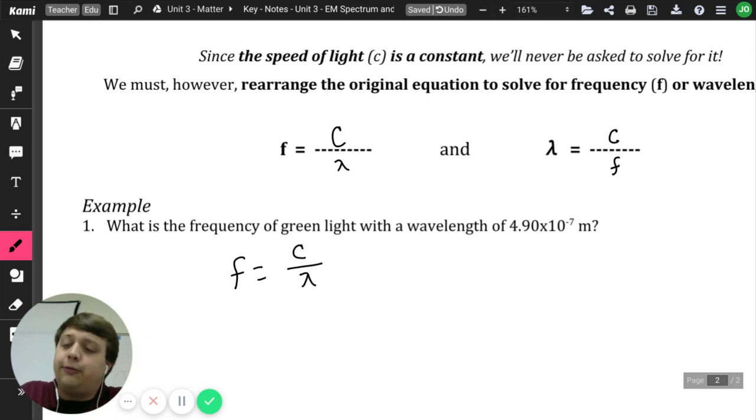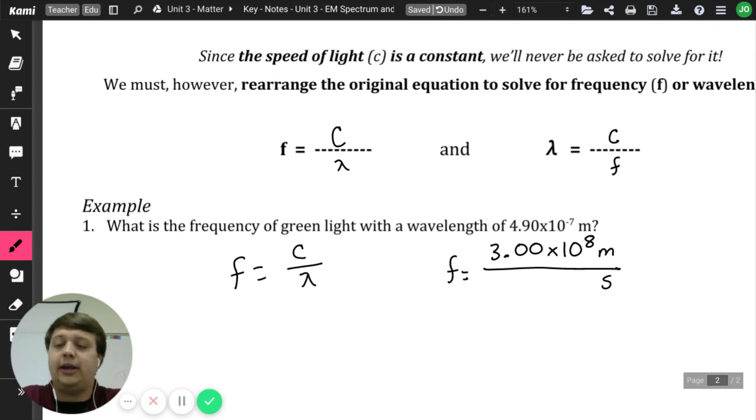So frequency equals speed of light, which is 3.00 times 10 to the 8th meters per second, and then they also say that I have a wavelength of 4.90 times 10 to the negative 7th meters.